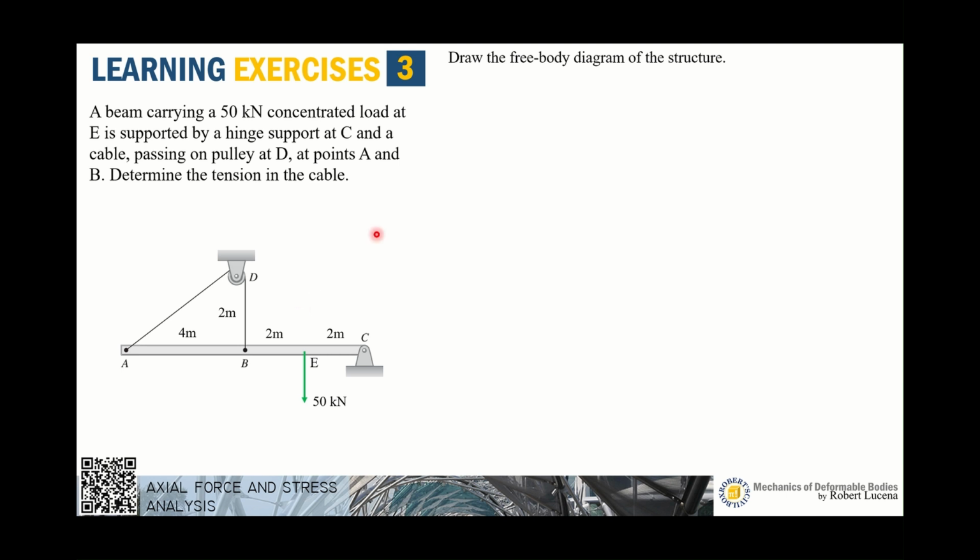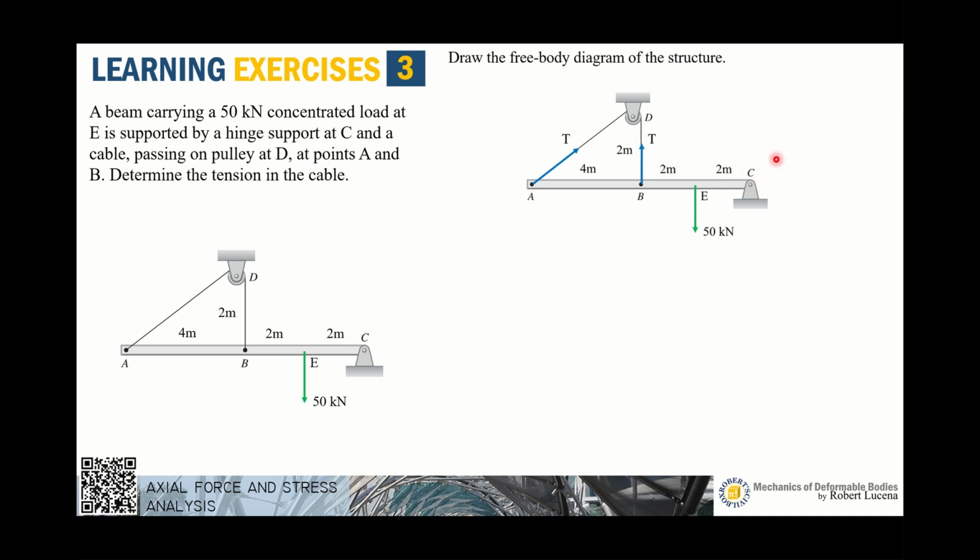First, we draw the free body diagram of the structure. Drawing the free body diagram involves writing down all the forces involved in the system. If we want to get the internal reaction happening in this cable, we have to pass a cutting plane here and expose T and P here.